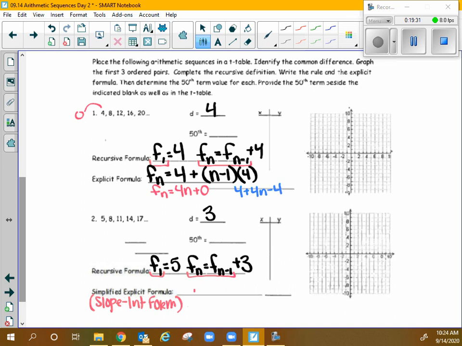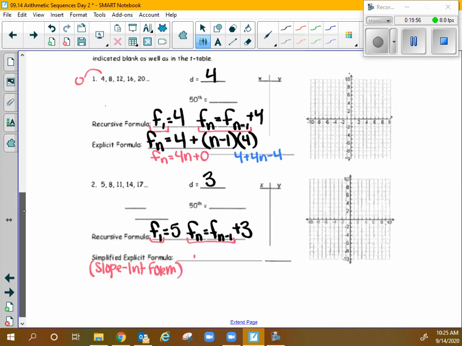When I simplify, 4 minus 4 is 0. So whether you go back and find your 0 term or your intercept and plug it in, or you simplify explicit, we're making it back to the same place. Okay? So for explicit, you just have to solve for the y or the term.